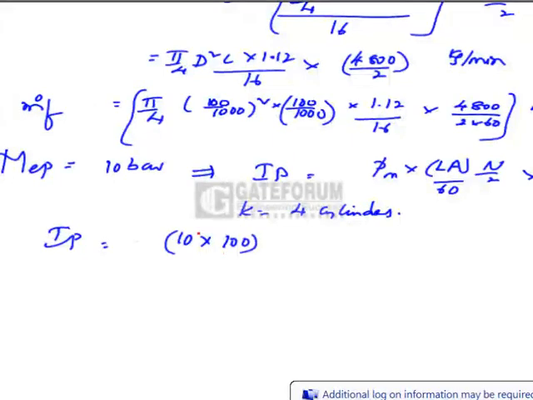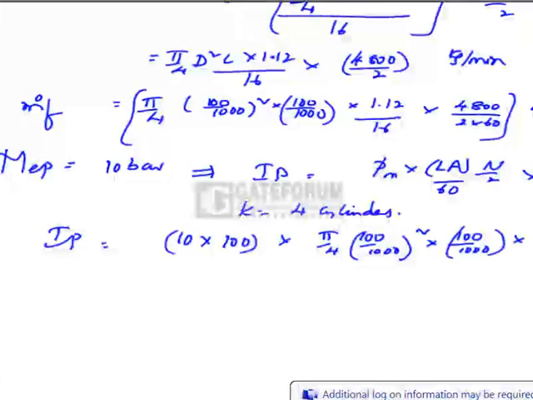While calculating indicated power, please convert mean effective pressure into kilopascals, into what is bore dia? Pi by 4 into 100 by 1000 whole square into stroke length, that is 100 by 1000 into 4800 divided by 2 by 60 into number of cylinders, that is 4. This directly gives the indicated power in kilowatts.